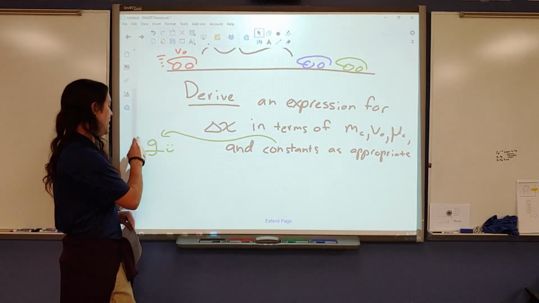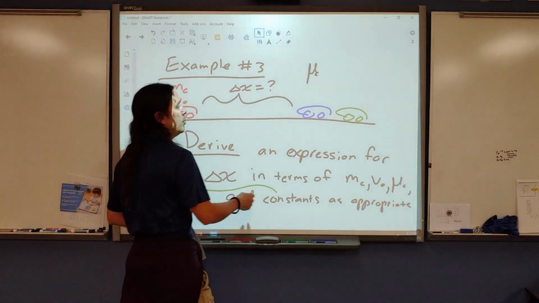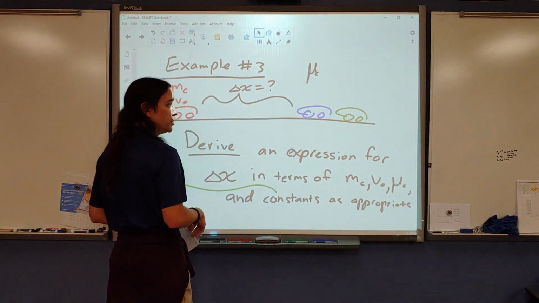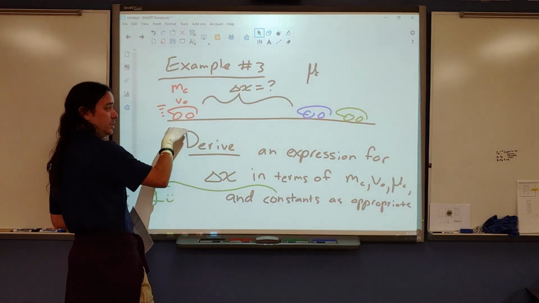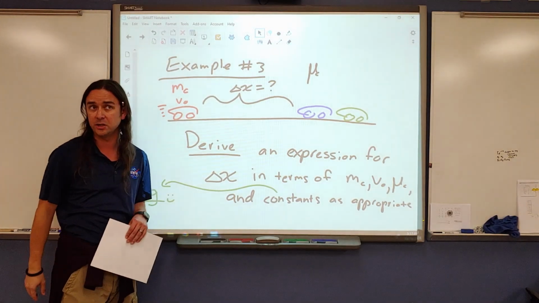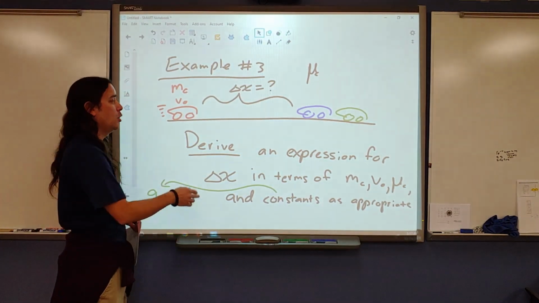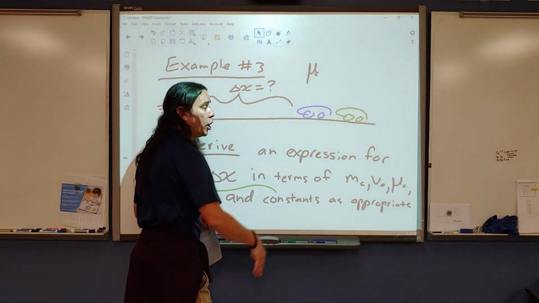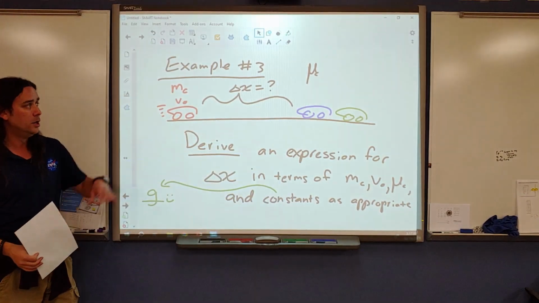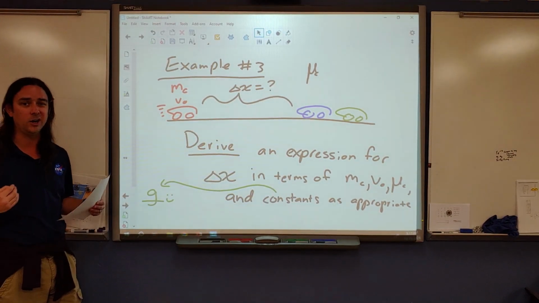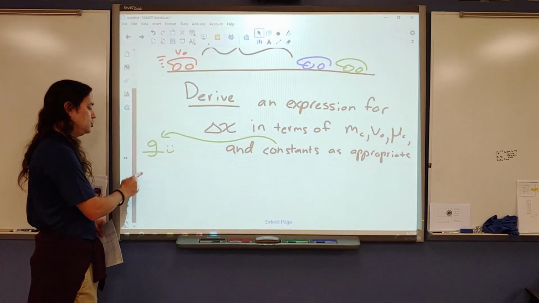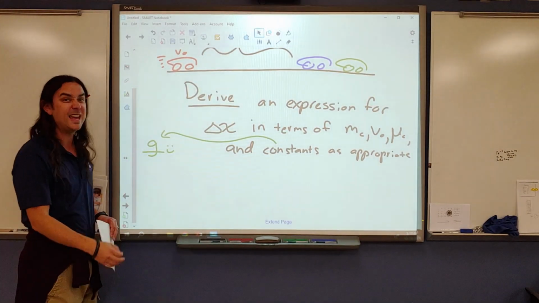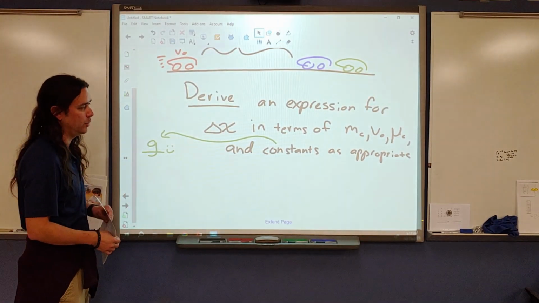There are other things that might be a constant for a given problem, like the coefficient of friction between the car's tires and the ground is probably a constant number, give or take, but it's not always the same for each car or each thing. So mu sub c, mu is not always the same number. G, at least on Earth, is. And that's kind of the distinction between them.